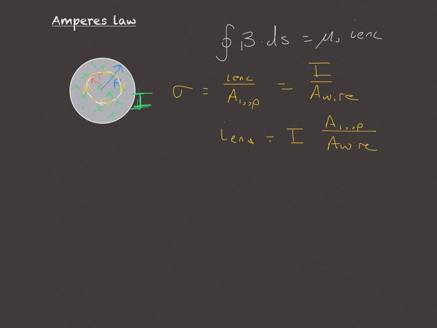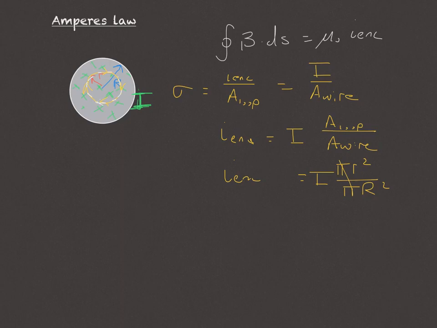All right, the area of the loop is going to be pi little r squared. The area of the wire is going to be pi capital R squared times I. So the pi's cancel, but now we know what the total current enclosed is going to be.